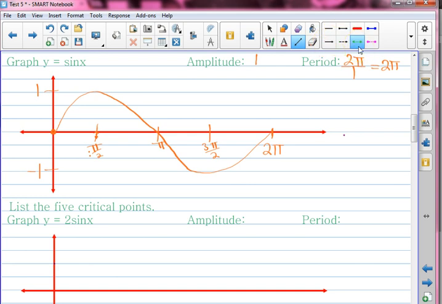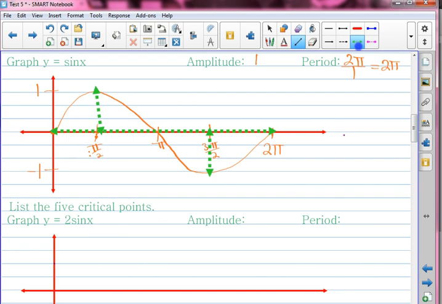So here is the period. It took 2 pi. The amplitude is the vertical distance from a trough or a crest to the x-axis. I was a little crooked, but that's what that means.